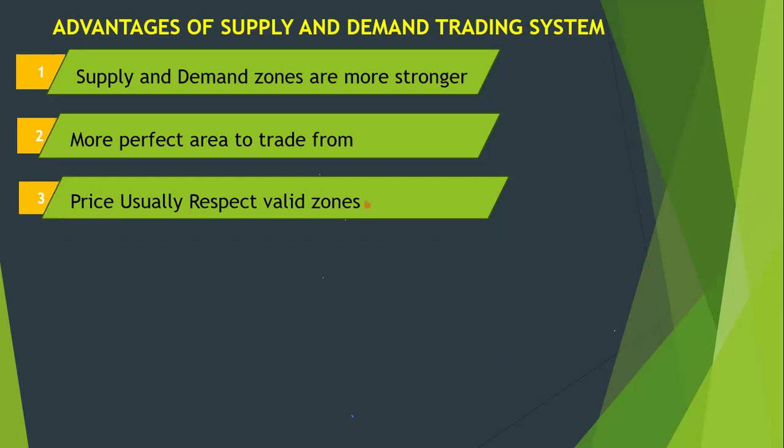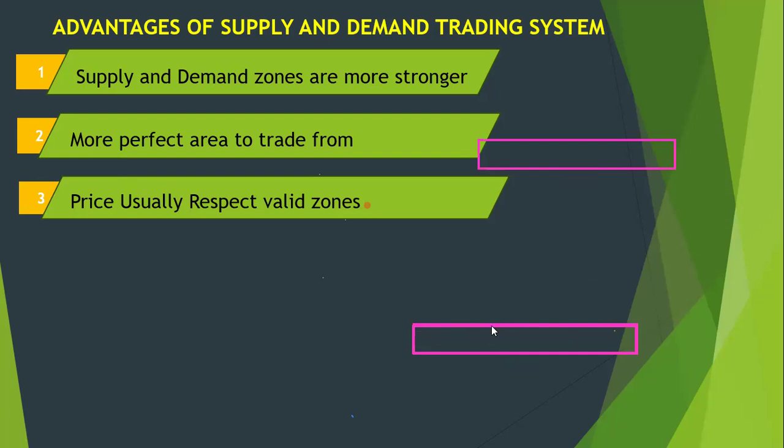When you have valid zones on the chart, for instance, let me put a drawing up. Let's say this is a demand zone and our trading system is based on history. We don't just put up a demand or supply saying, okay, this is just a demand, this is just a supply. No, this supply you are looking at right here is based on history; past information is used to get this supply.